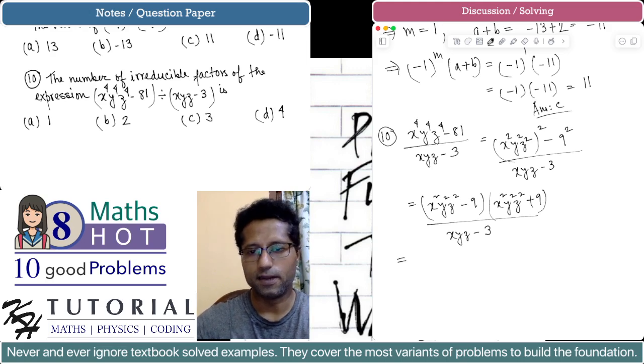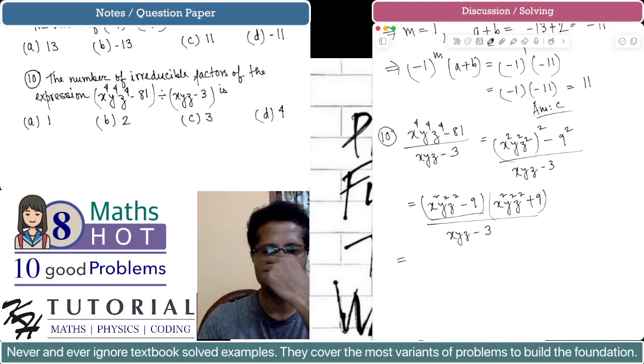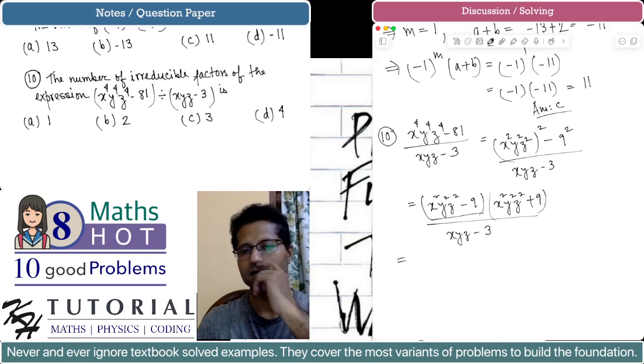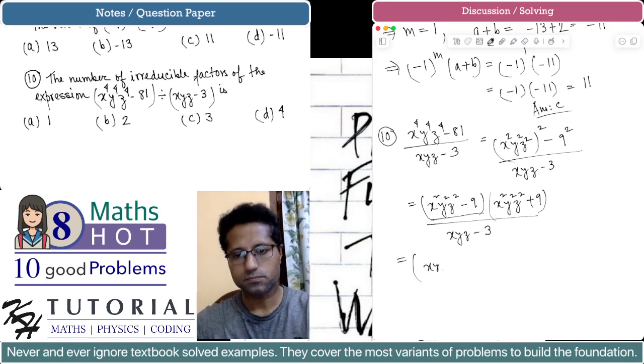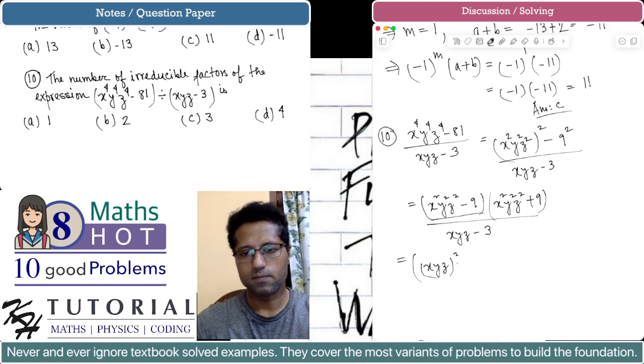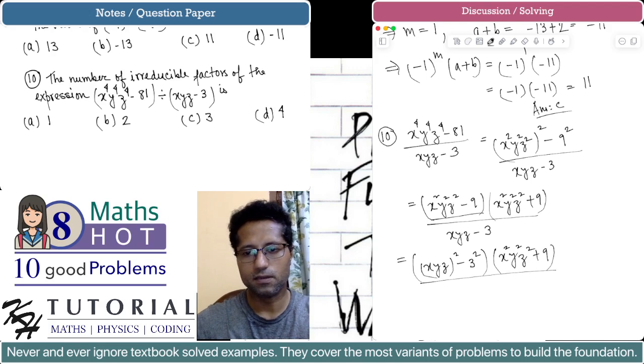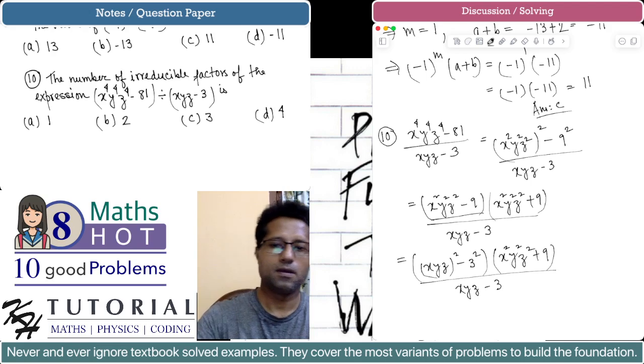Now we can see that this factor in the numerator can be further factorized because it is of the form a square minus b square. That is, it is xyz square minus 3 square, and we have x square y square z square plus 9 divided by xyz minus 3.